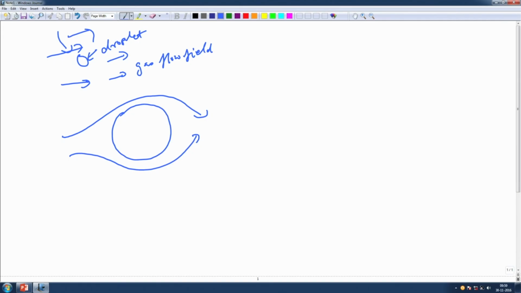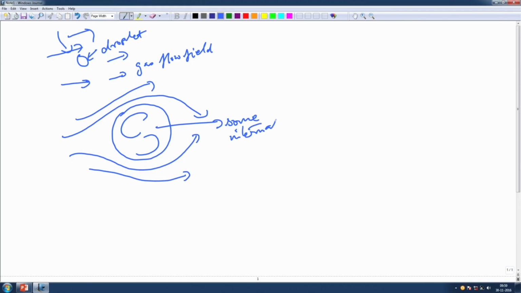Because of this flow field that is created, it is apparent that some kind of a motion will be created inside the droplet, some internal motion, because this is not a solid sphere anymore. It is a droplet. That motion happens because there is a relative velocity between the gas and the liquid.